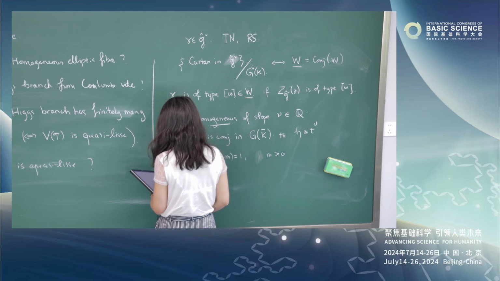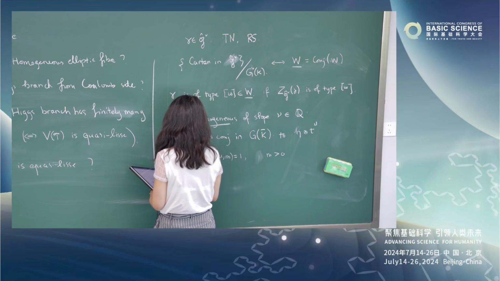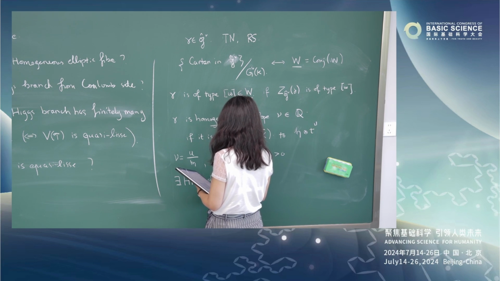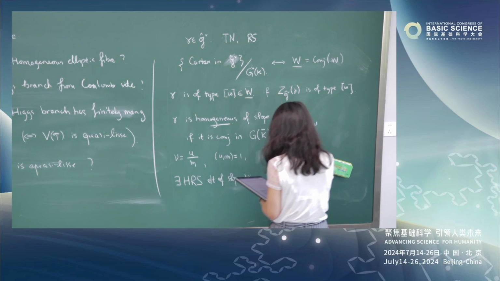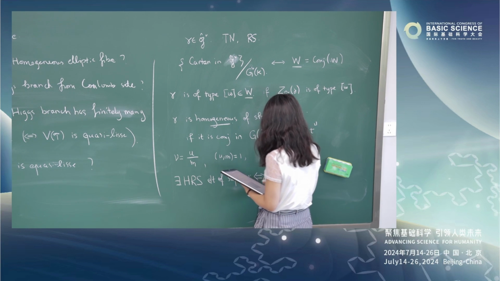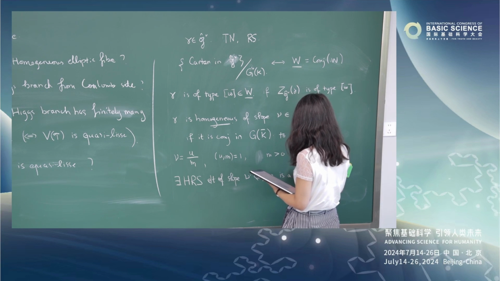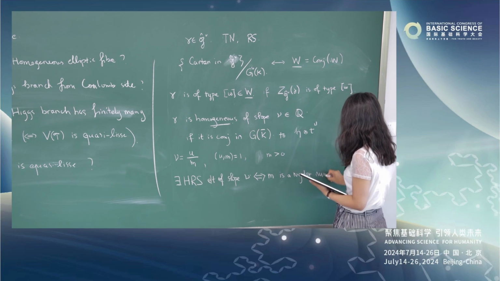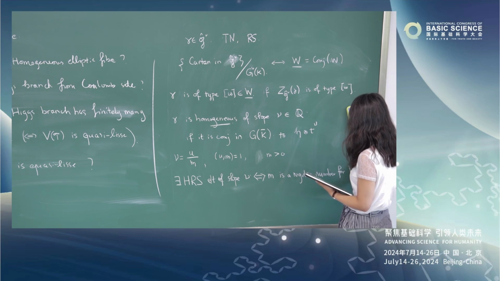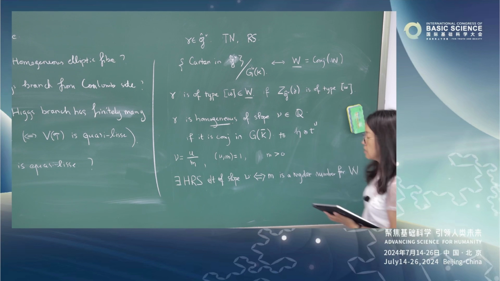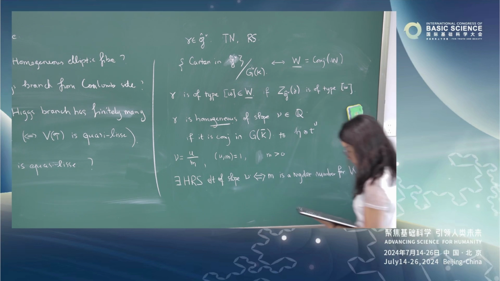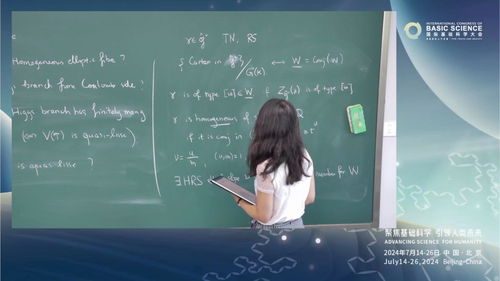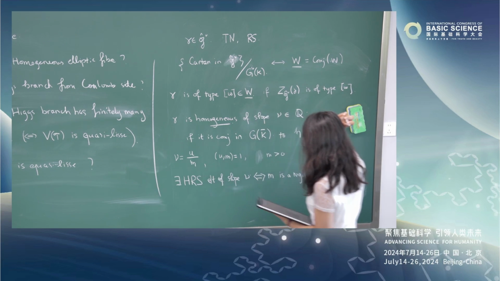in this case there exists a homogeneous regular semisimple element of slope nu if and only if m is a regular number for W. So it is the order of a regular conjugacy class. And then there's a notion of elliptic element, which basically means it doesn't have nontrivial cocharacters.